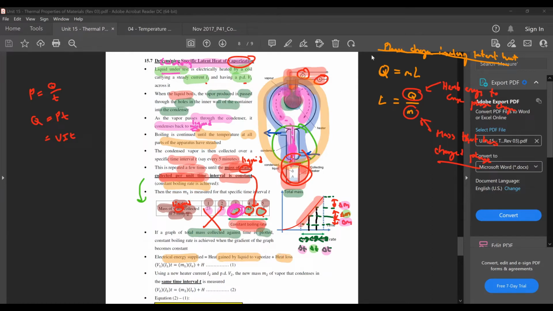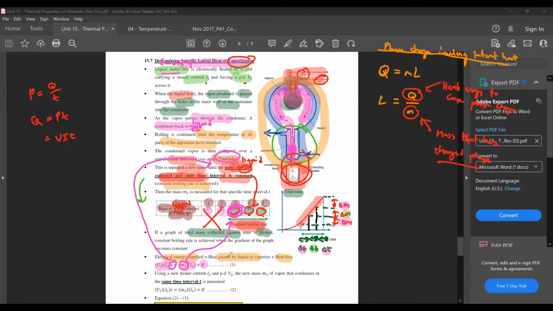Written with the proper symbols, it is V1 I1 T equals M1 Lv plus H. The M1 here is your 45 grams, and your T here is the time interval of 5 minutes. Just bear this in mind.